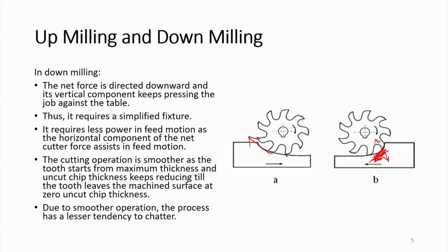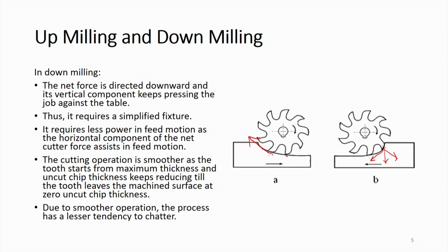Let me show it first: suppose it is cutting like this, so the cutter is moving like this, and the cutter is pressing because one component tangentially comes this way, and radially it will be like this way. So, therefore, the resultant is here.